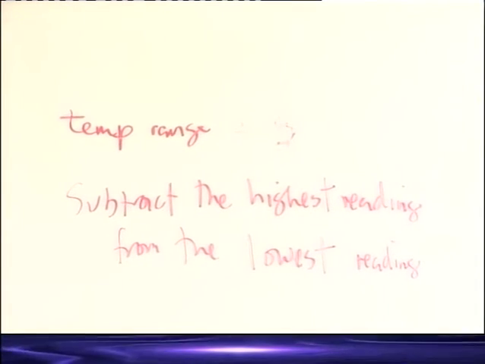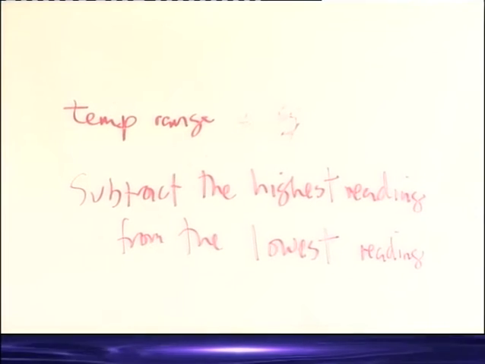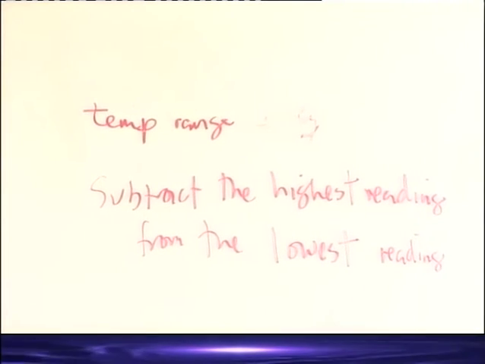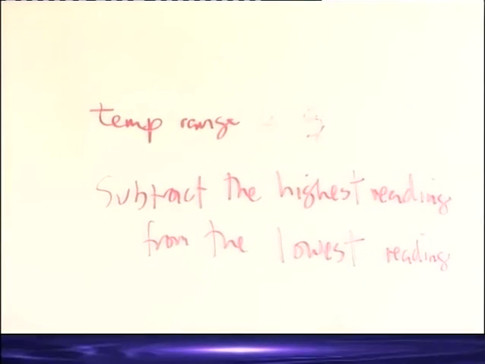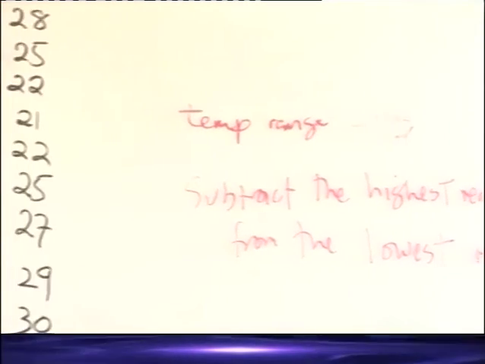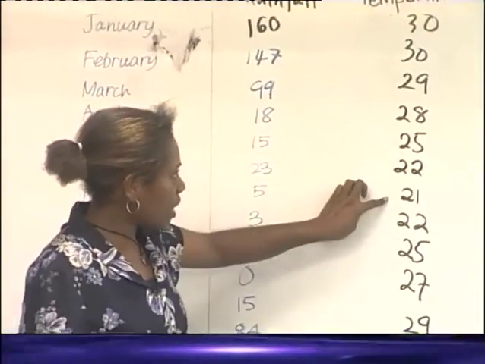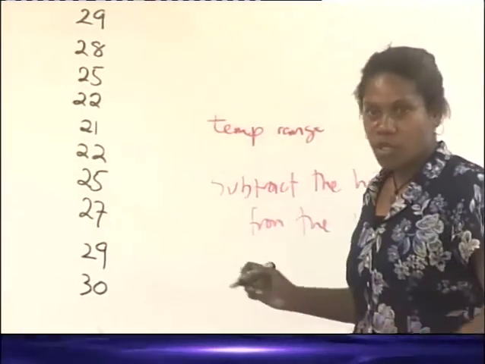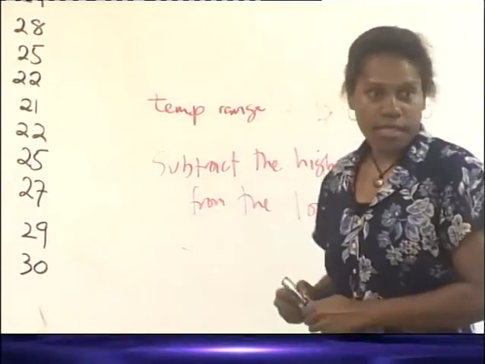So the temperature range for Broome is 9 degrees Celsius. Because the highest is 30, minus the lowest, which is 21. So 30 minus 21 gives you 9 degrees Celsius. So the temperature range, receiving students, is 9 degrees Celsius.